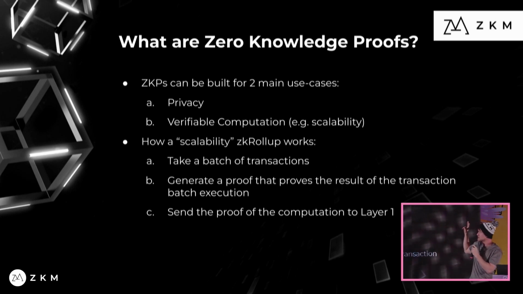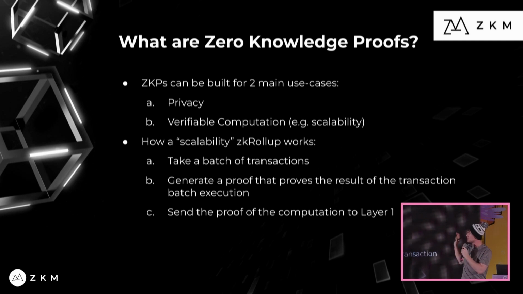The two main use cases for ZK proofs are, first, privacy: I don't have to reveal the information of whatever I'm trying to do. And the other is verifiable computation: I can verify that I did execute this transaction or this batch of transactions and therefore can unlock some amount of funds. That's how ZK rollups work.